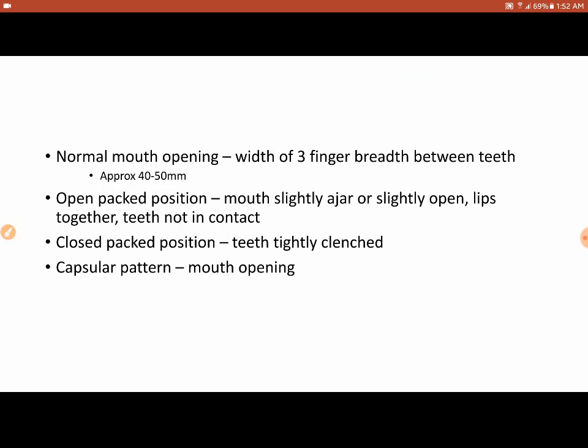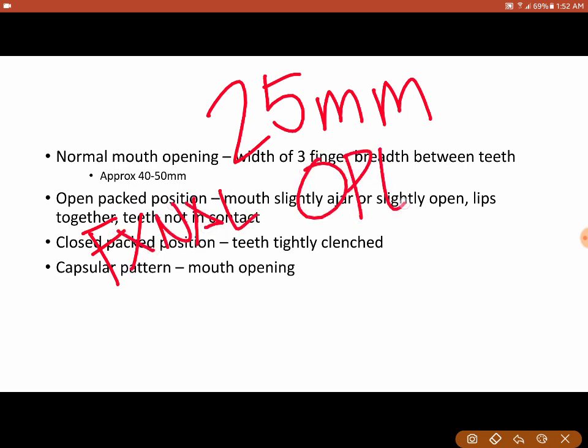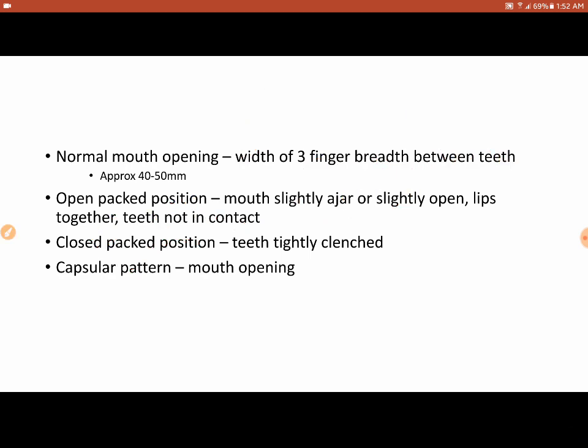And the functional mouth opening has an average of 25 millimeters, which means that the measurement during eating and talking is only 25 millimeters.